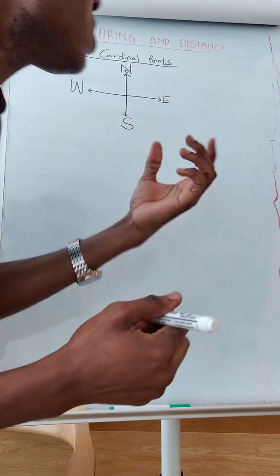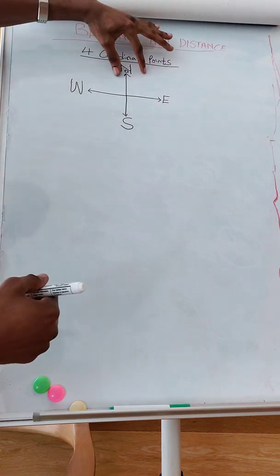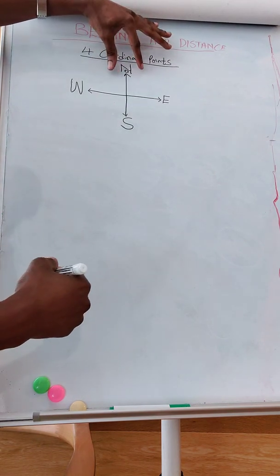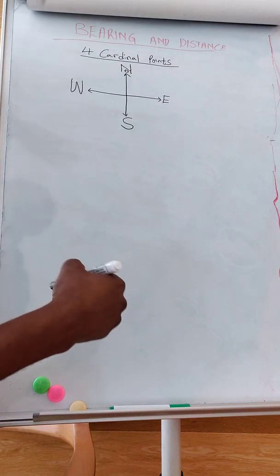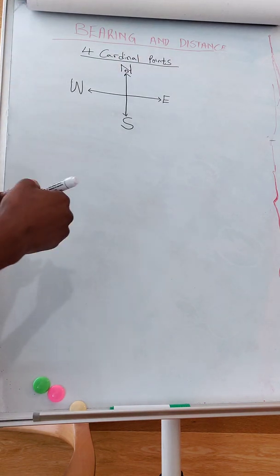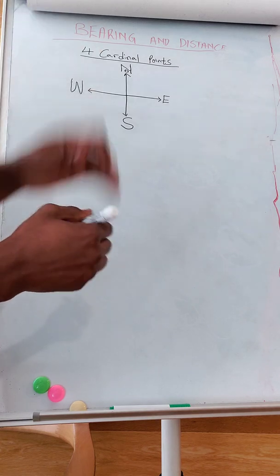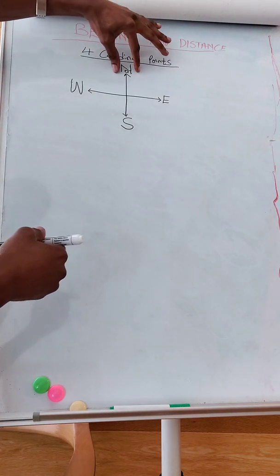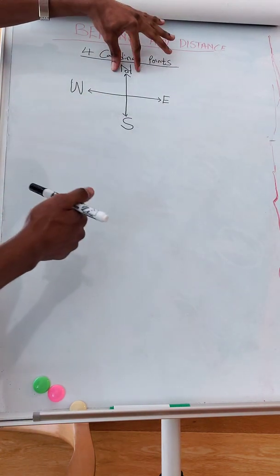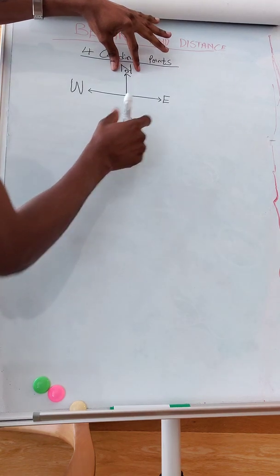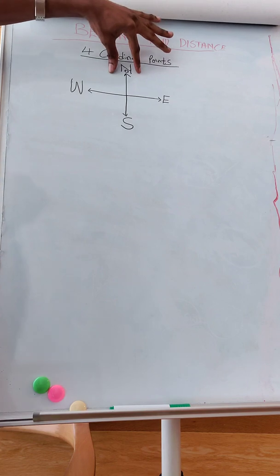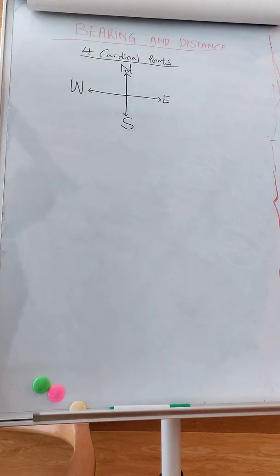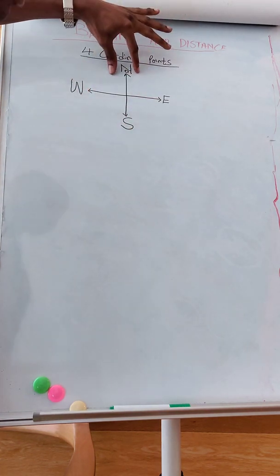So it's very easy to say that this particular direction, which corresponds to where you are facing, is your direction of what? North. So when you are labeling it, just put N. Remember, when you get the north, you can easily get the south. The position of your leg will be the south. The first one is to get your north first with the use of the direction of your head.